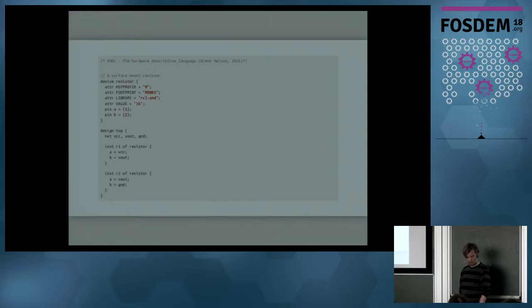So the first language that I came across that tries to solve this is PHDL, or the PCB hardware description language. And this is what it looks like. It's quite a clean syntax for describing circuits. But it's its own language, so that does come with disadvantages. You don't have a general purpose language, and it's not as expressive as a general purpose language.